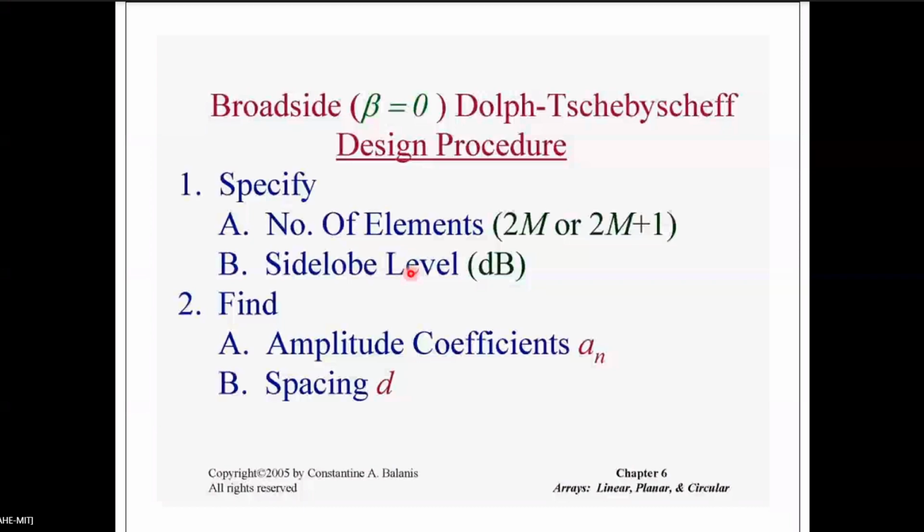Minus 20. Side lobe level will always be lower than the main lobe, so if he gives plus 20, you take it as minus 20. He may give the side lobe level as minus 20 dB down, or he may give it as 20 dB.